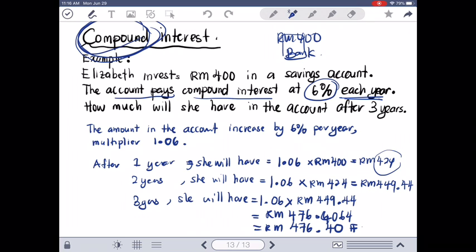I'm not sure, 76,000, but she will have extra money. So basically, if Elizabeth has 4 million, she doesn't have to work. She can just stay at home and let the bank do the working by paying her the interest that she gained from the compound interest.